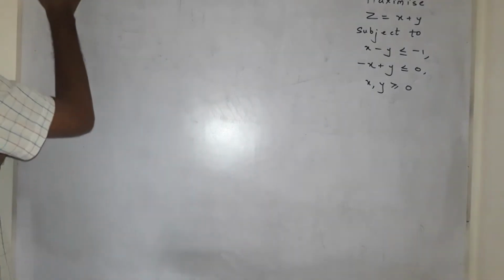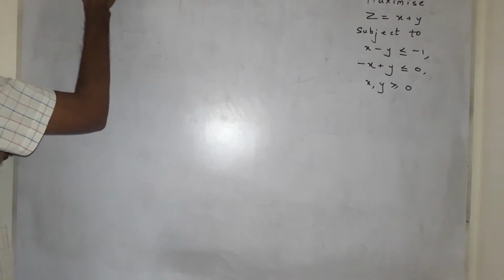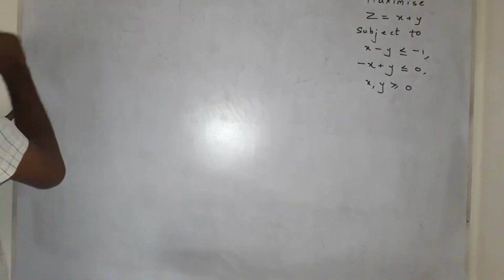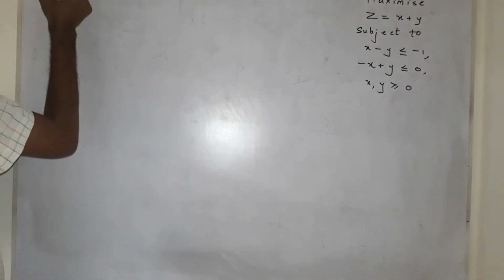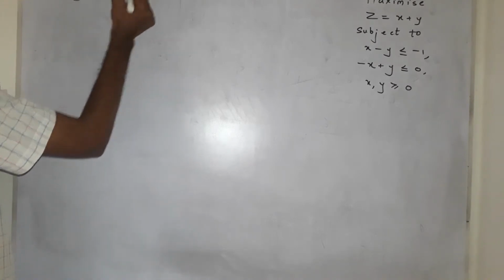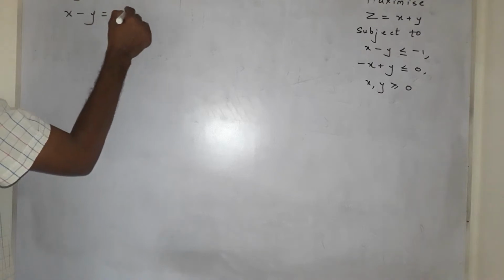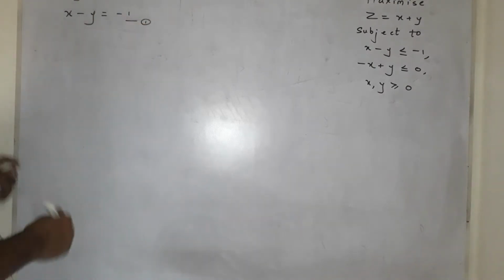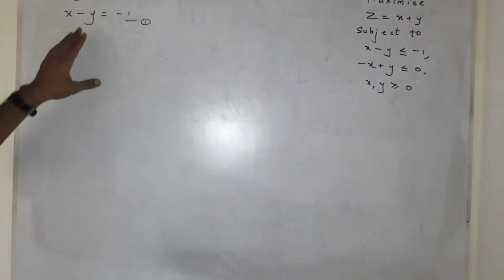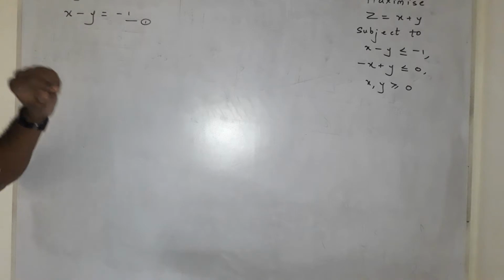So I write equality corresponding to x minus y less than equal to minus 1 is x minus y is equal to minus 1. We talked about the intercepts of this line. If you put y is equal to 0, the value of x is minus 1.